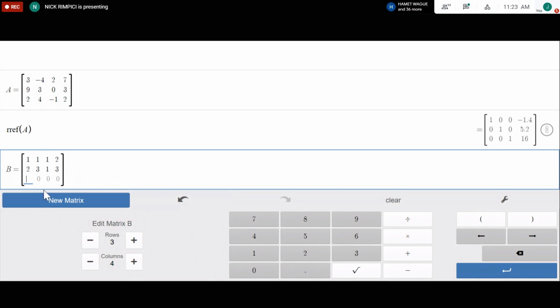And then my bottom row, 1, -1, -2, -6. And of course, you have to make sure you put the negatives if there's a negative there. So 1, -1, -2, -6. That's my matrix.